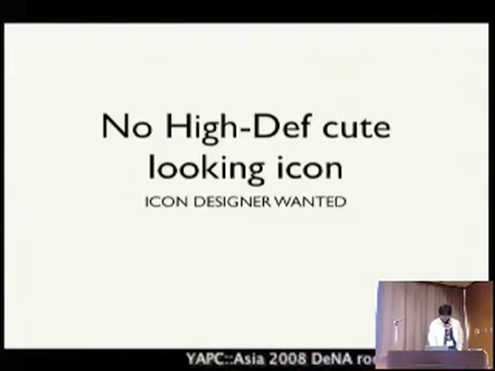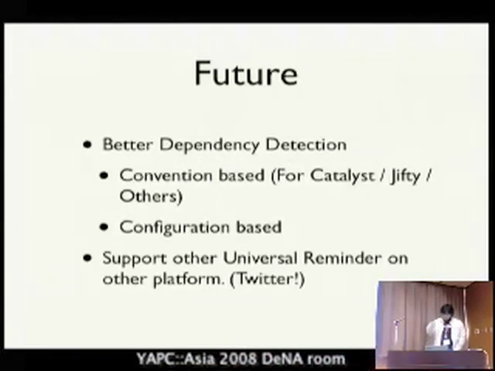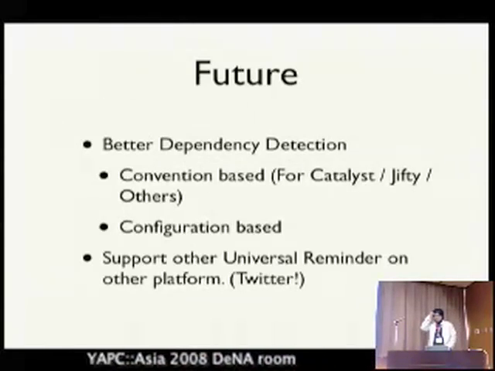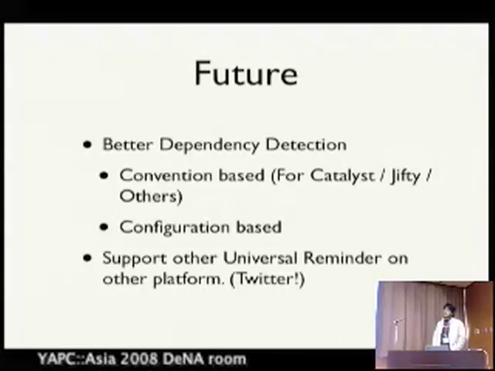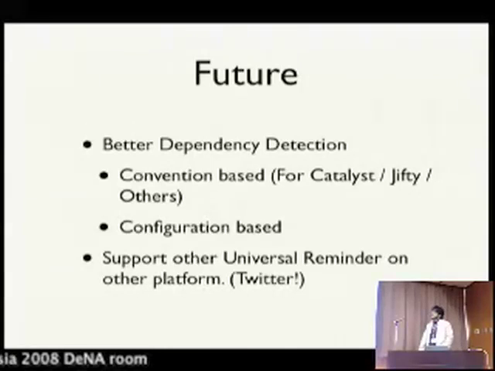So in the future, there are a bunch of to-dos that I want to do for this project. As I just said, I want a better dependency detection mechanism, and I think there are at least two ways to do it. The first is convention based.